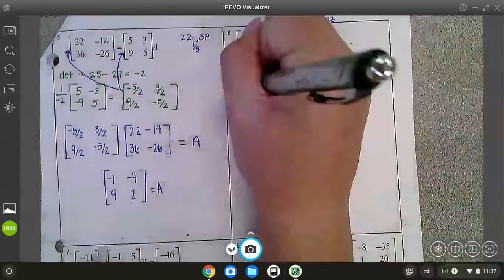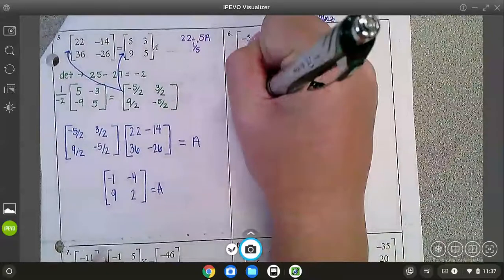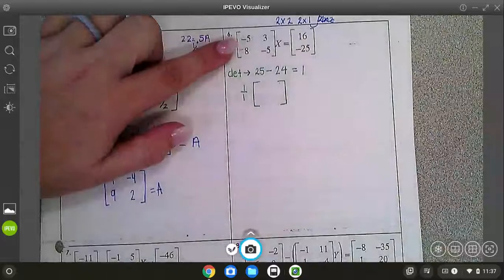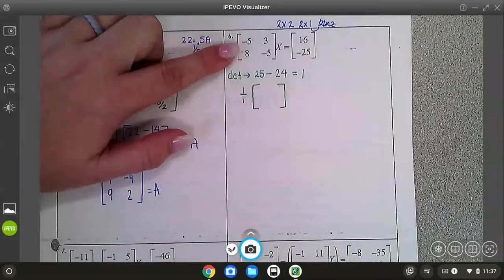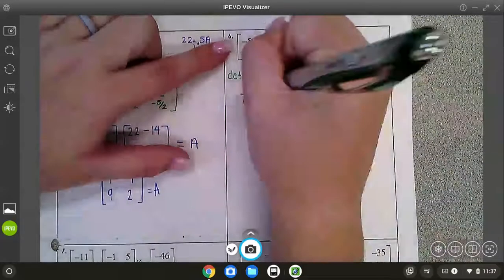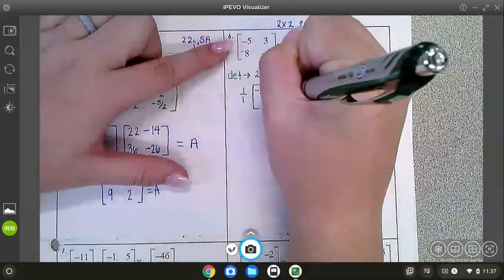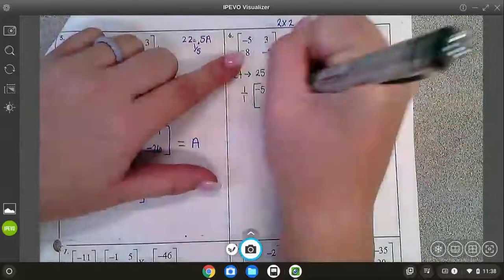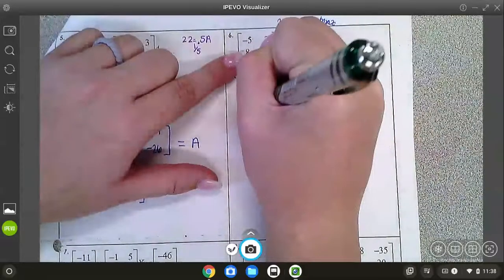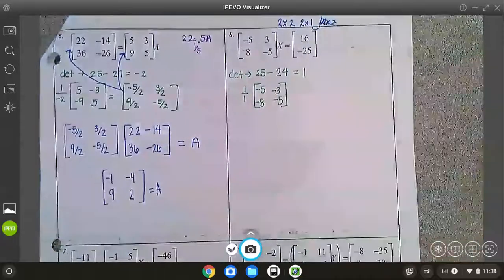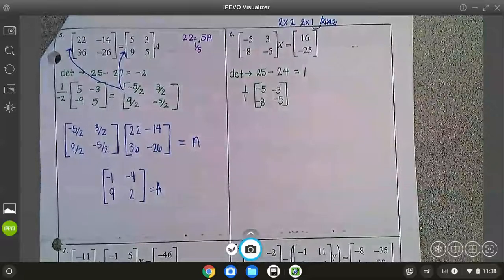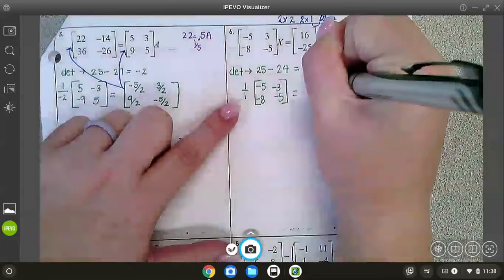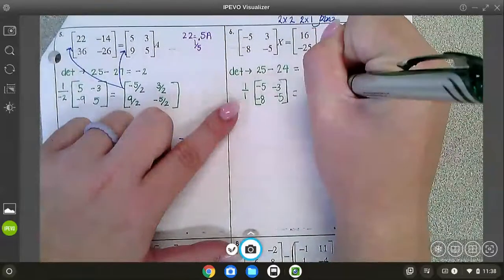So then for the inverse, we have 1 over 1 times, okay. Once again, these, if we switch them, it doesn't change anything. The 3 and the 8 both become negative. And if I multiply by 1, that doesn't do anything.